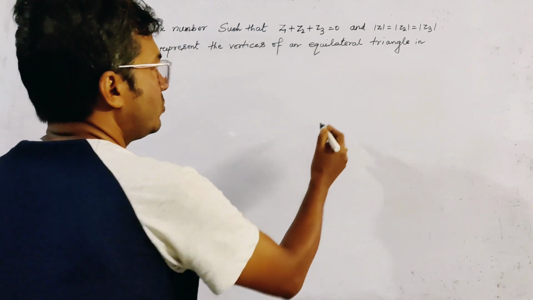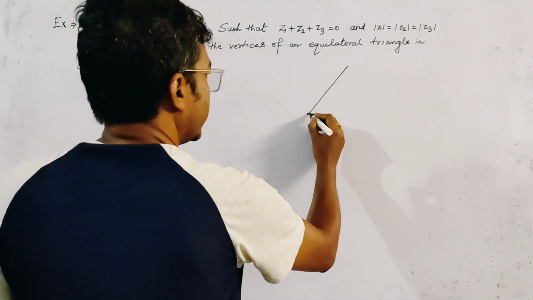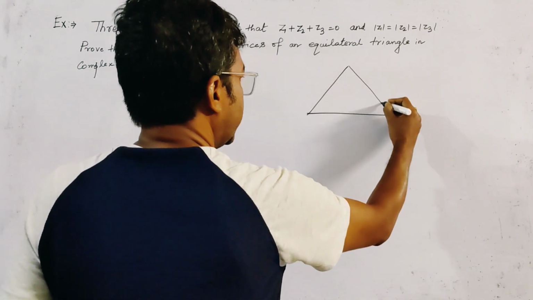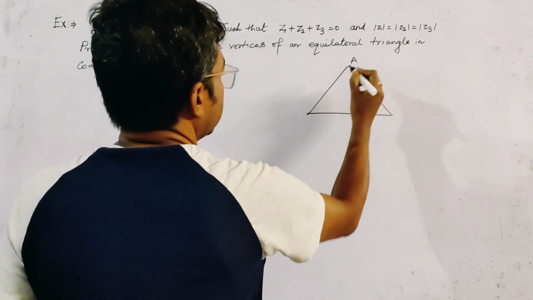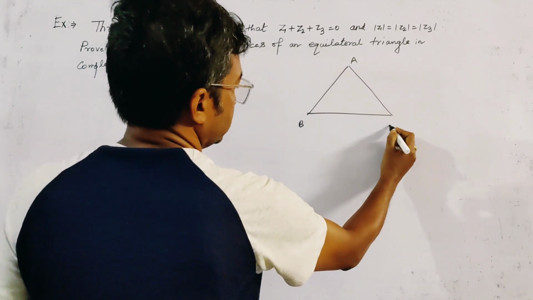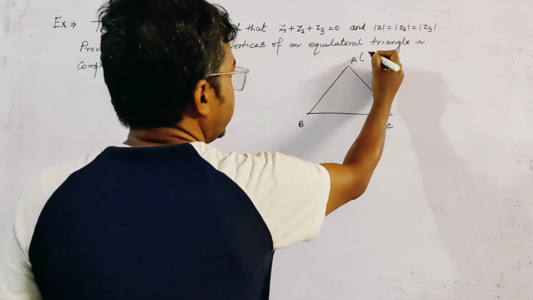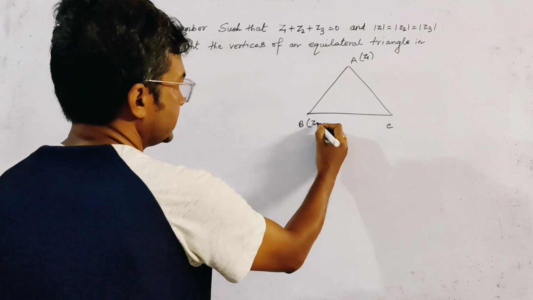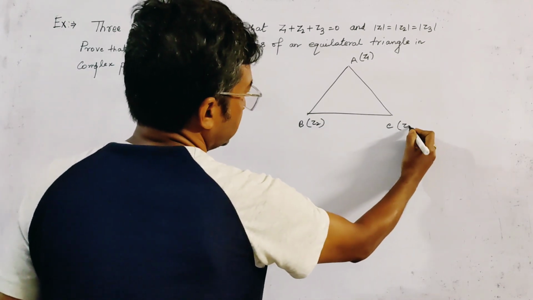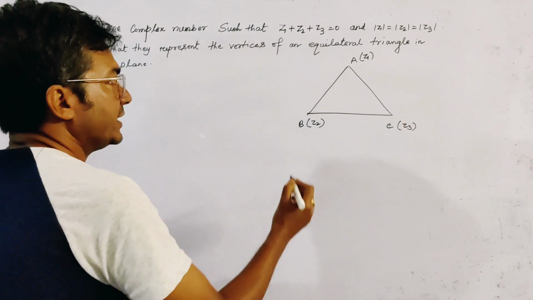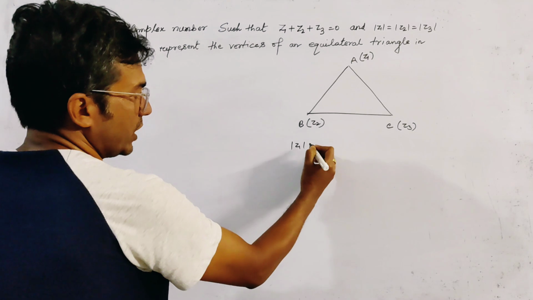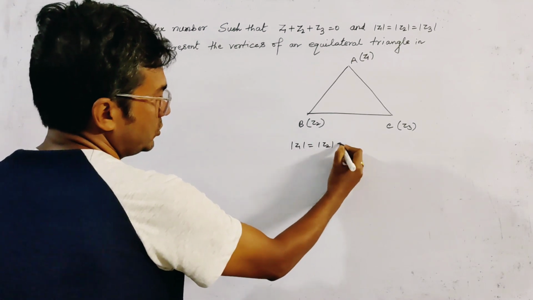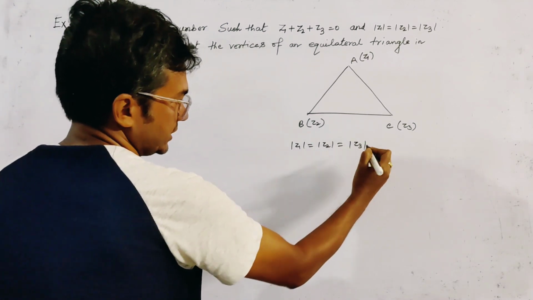Now we first draw any triangle ABC, and let Z1 be A, this is Z2 and this is Z3, and since mod Z1 is equal to mod Z2 is equal to mod Z3.